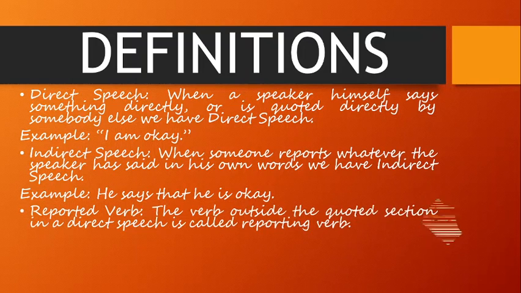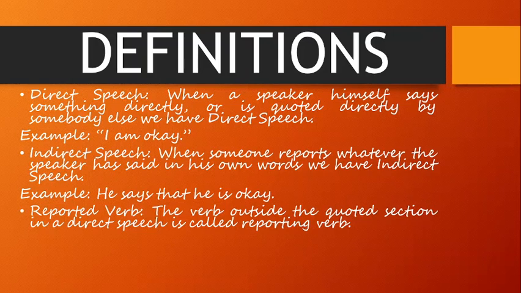Reporting verb. We have another thing in a given sentence: the verb outside the quoted section is the reporting verb. This verb is very important because the tense of the resulting sentence in the indirect speech totally depends on the tense of this reporting verb.